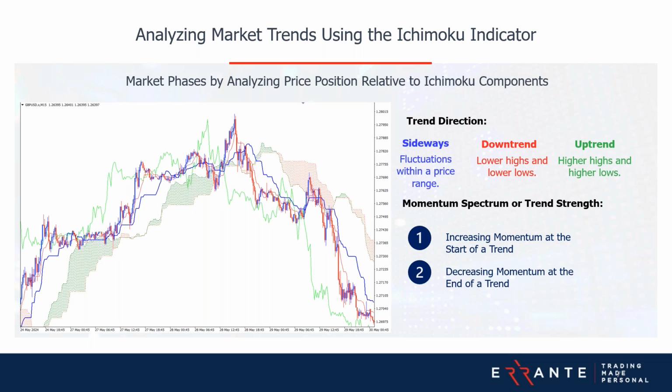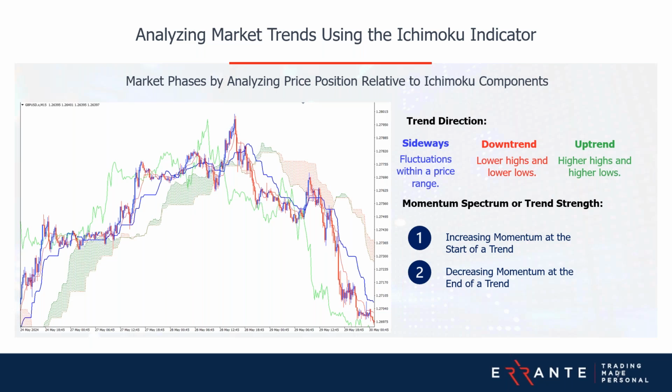What we have to keep in mind is that as a trend matures, momentum typically decreases as the market reaches potential exhaustion points or faces, let's say, very significant support or resistance levels. This is reflected in the flattening of the Tenkan-sen and Kijun-sen lines, and also the Kumo. In that case, a weakening trend is suggested by the Tenkan-sen and Kijun-sen lines converging, and potential crossover signaling reversals.